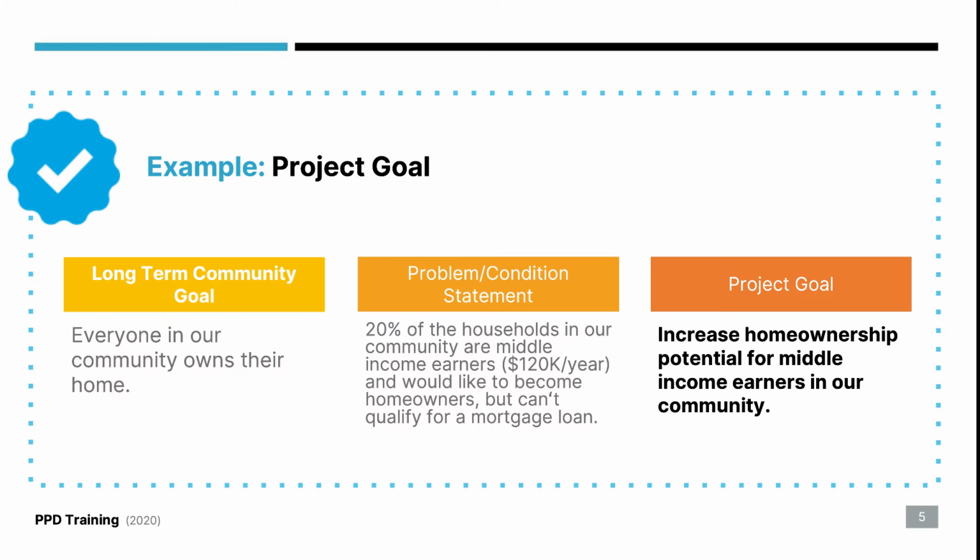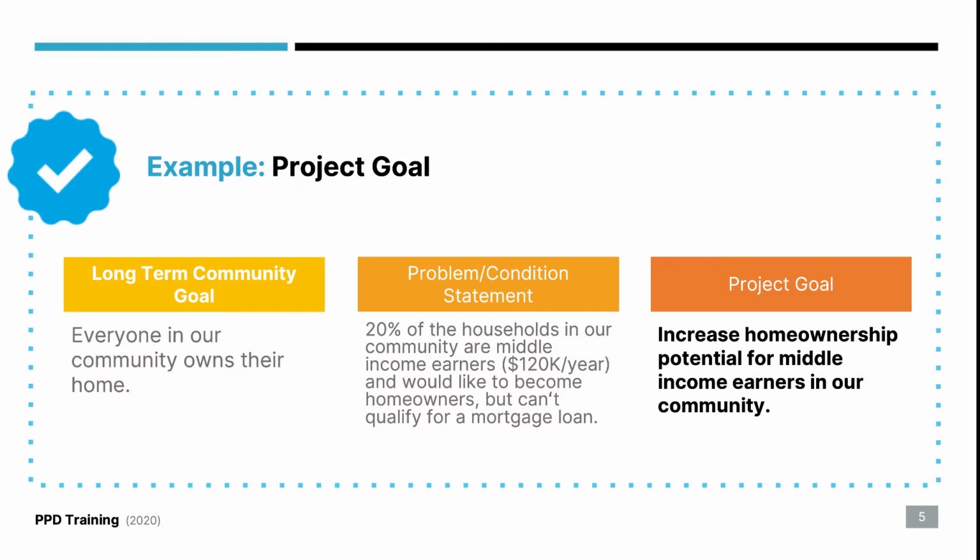Now, let's take a look at how this is framed, right? We are increasing home ownership potential because we talked about you don't want to promise things that are out of your control. So for example, folks actually buying a house is still out of your control. There's a lot of factors toward home ownership.